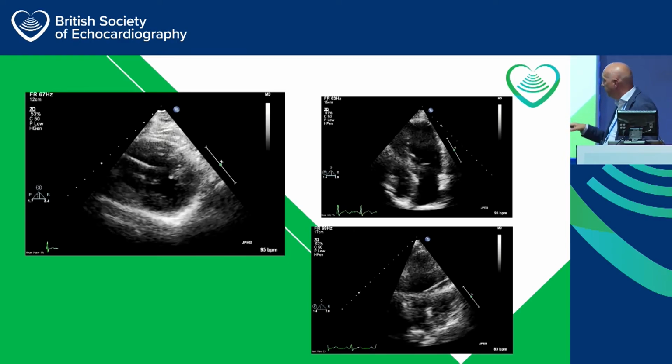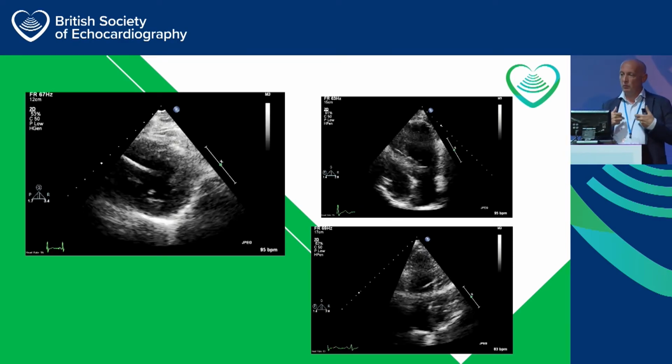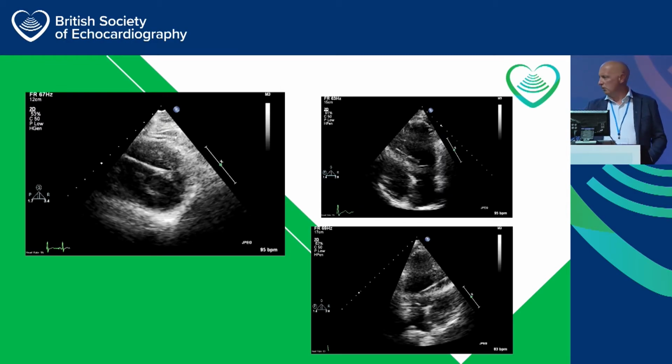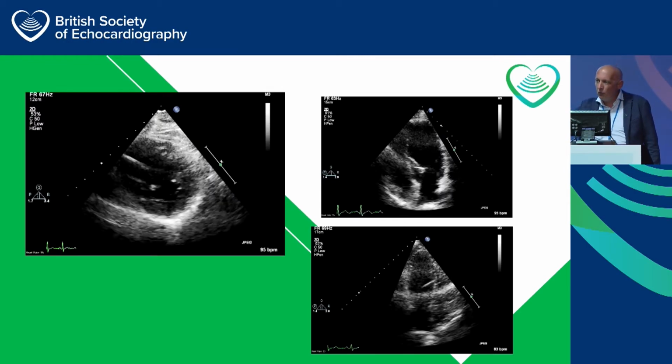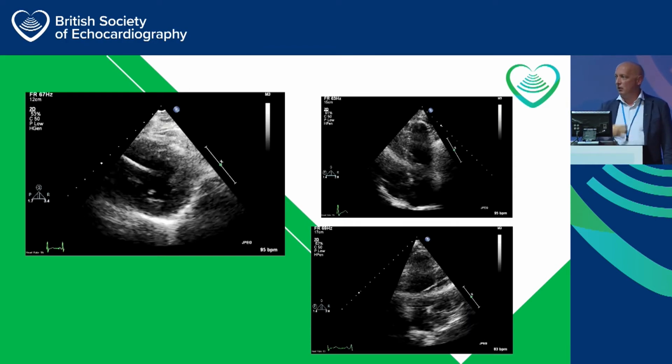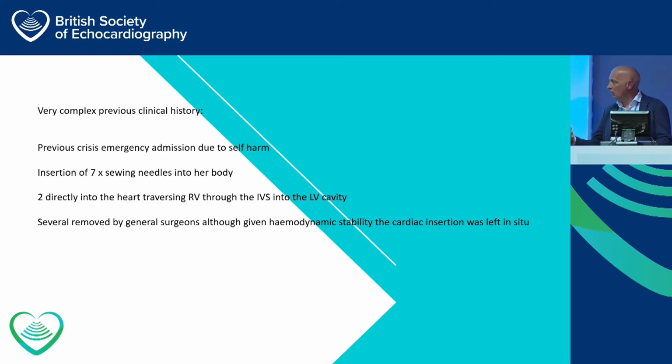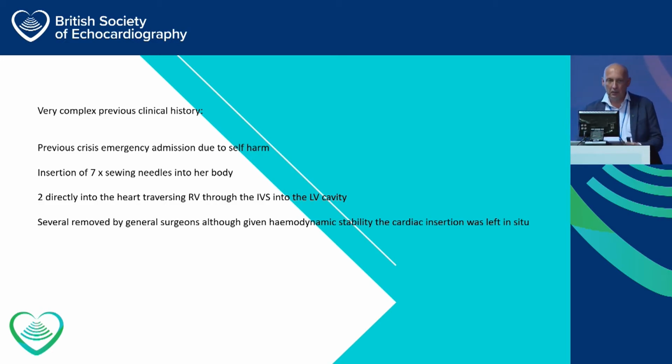And this is what they are. They are linear, bright structures of sewing needles, self-inflicted through the sternum, about 7-8 centimetres long, pushed into her own body. So it's a very unusual presentation of chest pain, but it proves a point to me that it is all about, as we've already said, being more than just the echocardiogram.